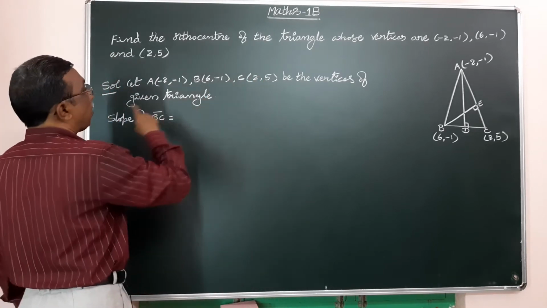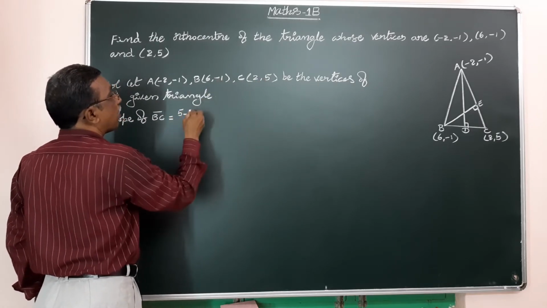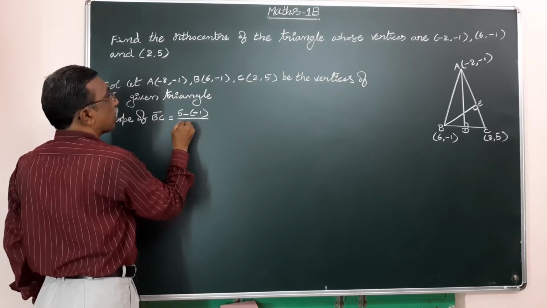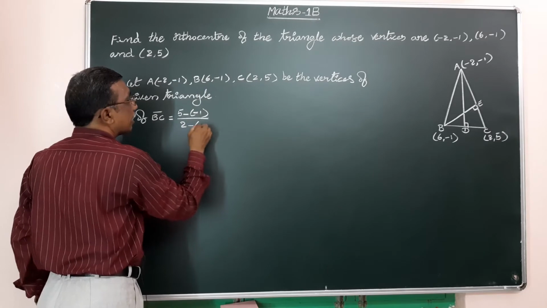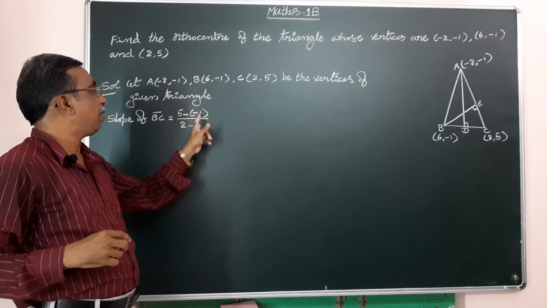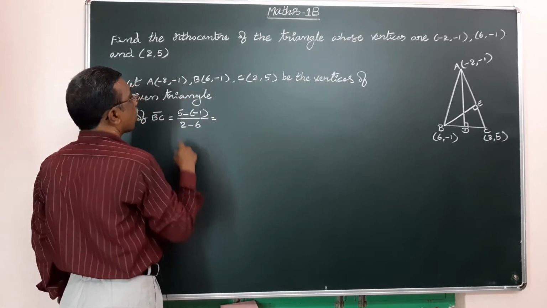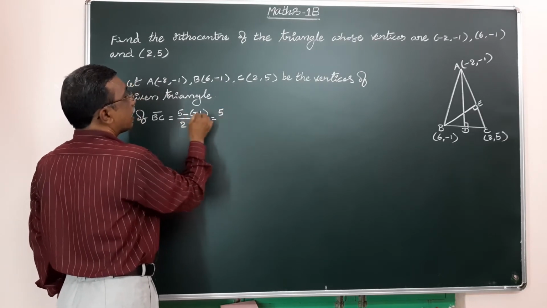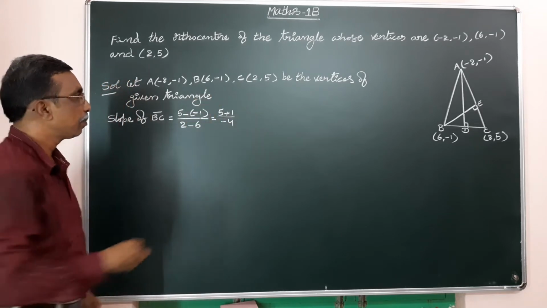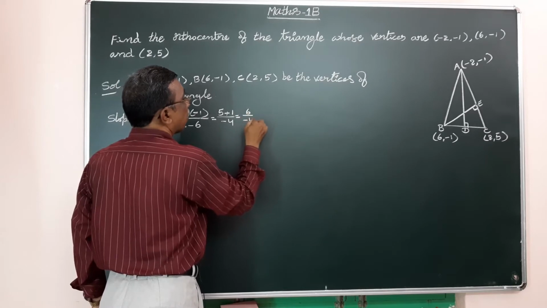The formula is y2 minus y1 by x2 minus x1, that is 5 minus (minus 1) by 2 minus 6, which is 5 plus 1, 6 by minus 4.